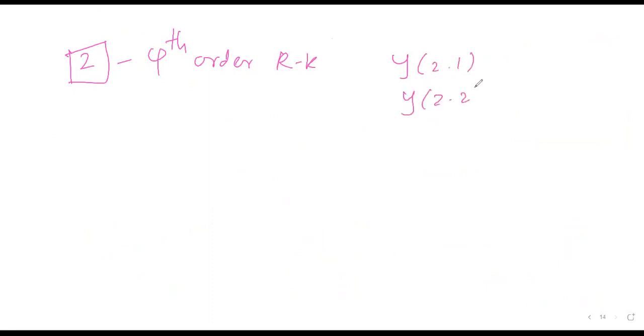Okay, so second one, it's for the fourth order Runge-Kutta and computer approximation of y of 2.1 as well as y of 2.2. So each has two steps. You have to go 2 iterations.